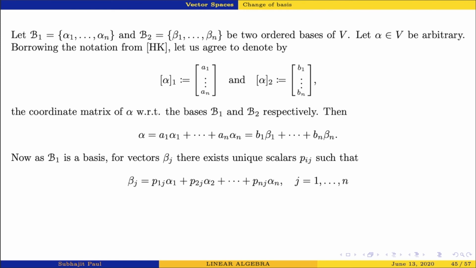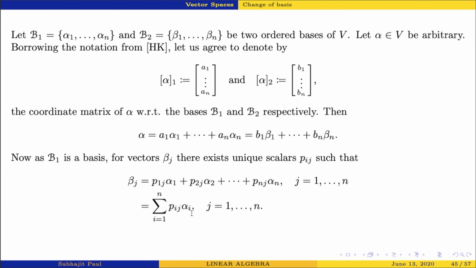Now I would ask you to do this by yourself, because just by reading or listening to the video, it is not very advisable to understand in this way. Instead, do it by yourself. So write beta j as P1j alpha 1, P2j alpha 2, and so on up to Pnj alpha n. This j corresponds to this beta j vector. And in notation, this is the sum over i from 1 to n of Pij alpha i. As I said, the i index is for the alpha vectors.